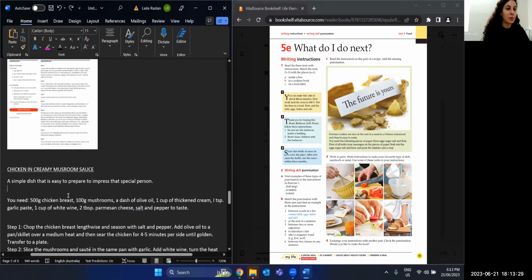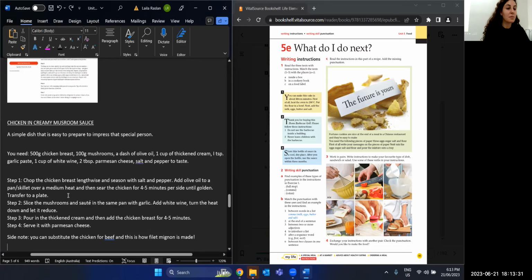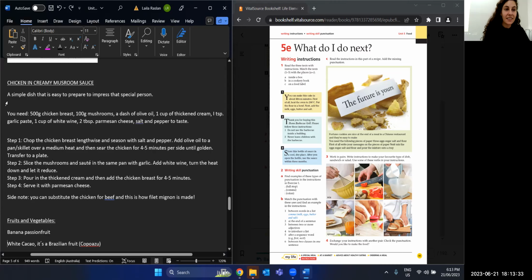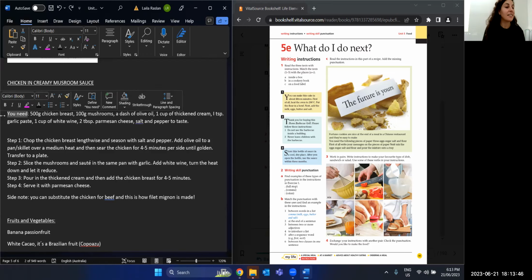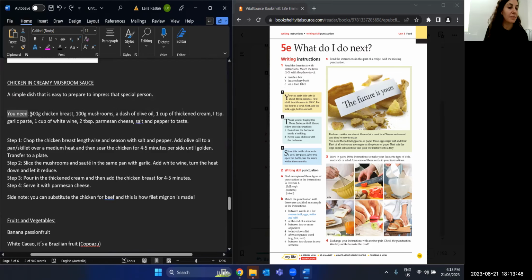This is another example, chicken in a creamy mushroom sauce. So again, there's an introduction, a simple dish that is easy to prepare to impress that special someone. You need. So this person wrote something different. Instead of saying ingredients, they wrote you need. Same thing. 500 grams chicken breast.